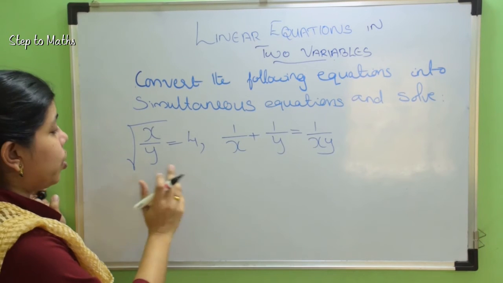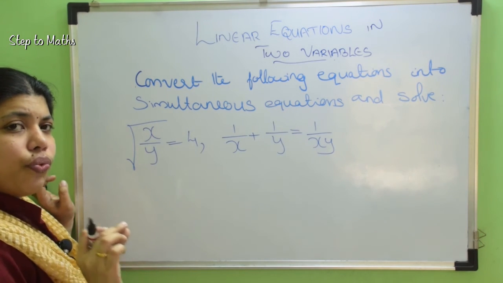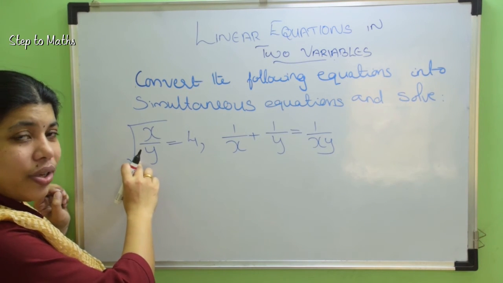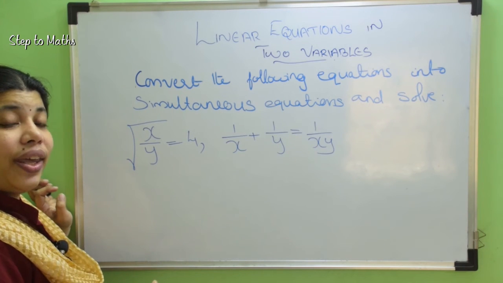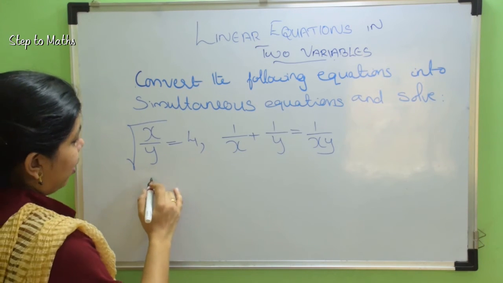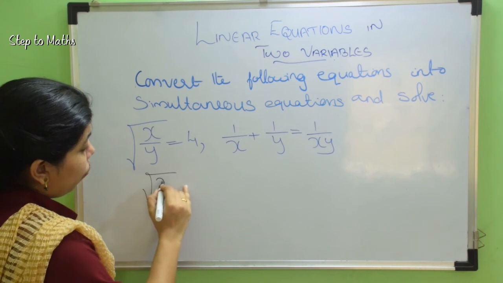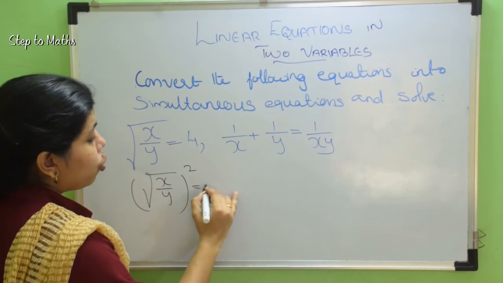Take the first equation, root of x upon y is equal to 4. First, to remove this root symbol or radical symbol, what can we do? If we square this equation, it becomes root of x upon y, the whole square, equal to 4 square.